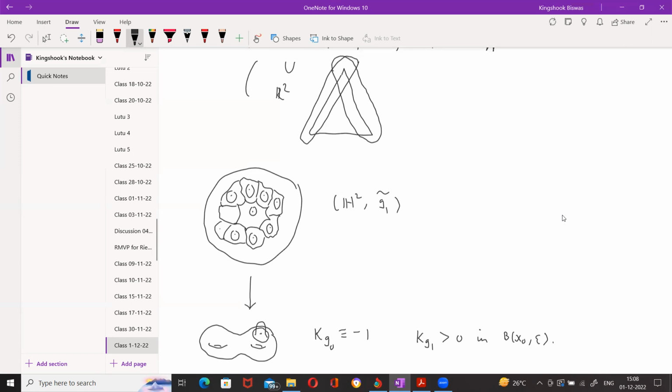But this will still be Gromov hyperbolic because this is what is called quasi-isometric to H2 with the standard metric G0, which is the usual H2 of constant curvature -1, which is CAT(-1), which is Gromov hyperbolic.